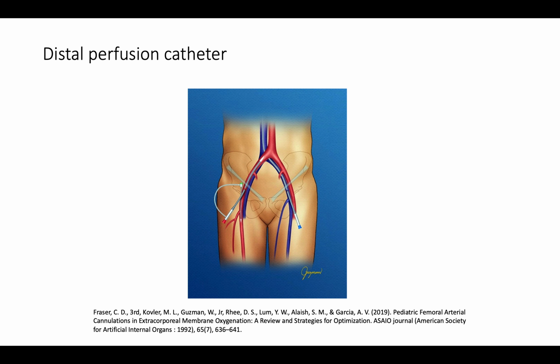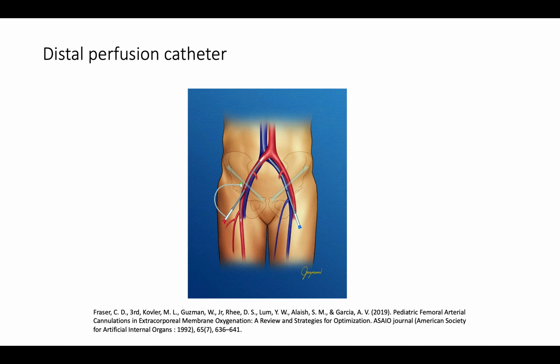Patients may end up with compartment syndrome or amputation. The incidence of limb ischemia is higher in pediatric patients, as can be anticipated due to the smaller size of the vessels.